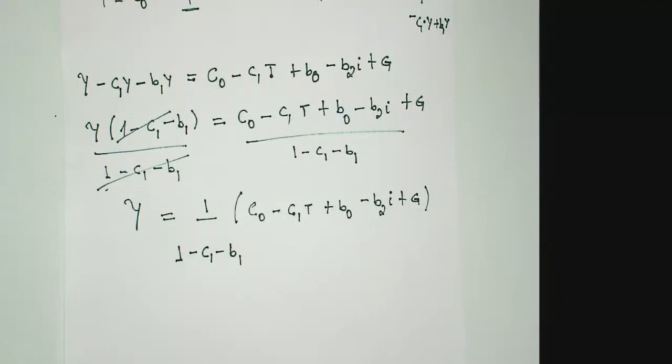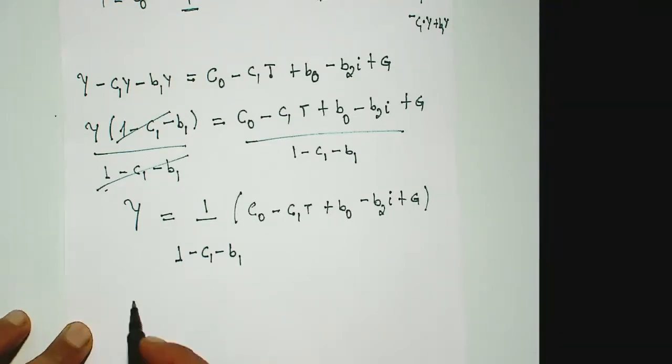Now we have said that we need to take the concept of the total differential to identify by how much the IS curve would shift if government spending is increased by 10 units.